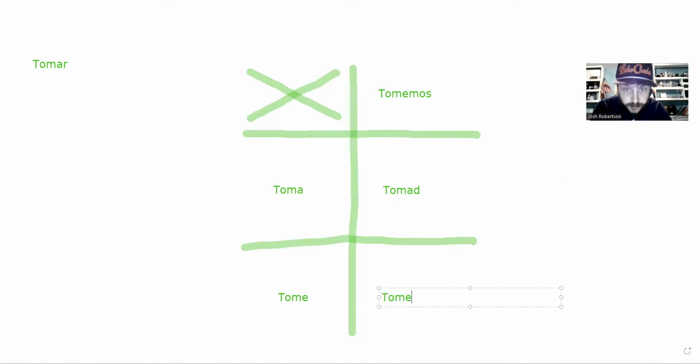Yeah. Yep. Okay. So the conjugations in the affirmative imperative for tomar, nothing in the yo. Tú toma. Él, ella y usted tome. Nosotros, nosotras tomemos. Vosotros, vosotras tomad. Ellos, ellas y ustedes tomen. Okay.